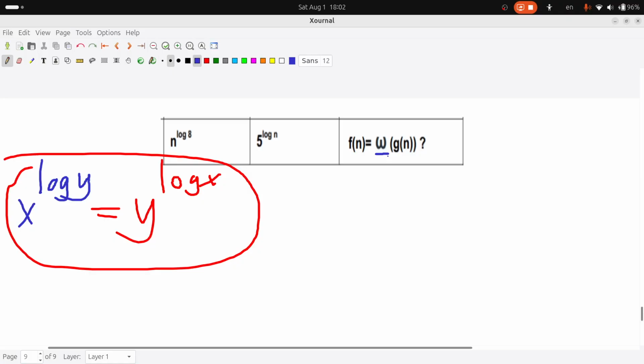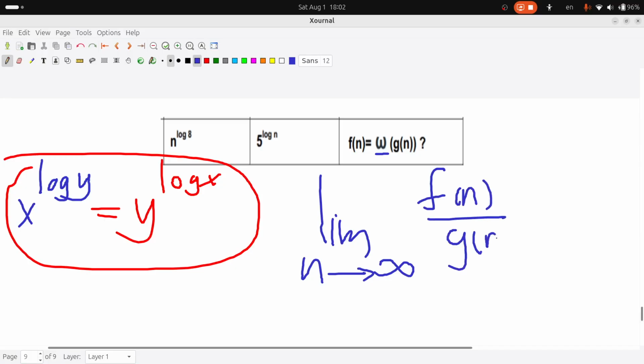It has a stricter definition than big omega notation, and it is the opposite of little o notation. We can prove that if we have f(n) and n approaches infinity, and we take f(n) divided by g(n), this limit should have the value of infinity.